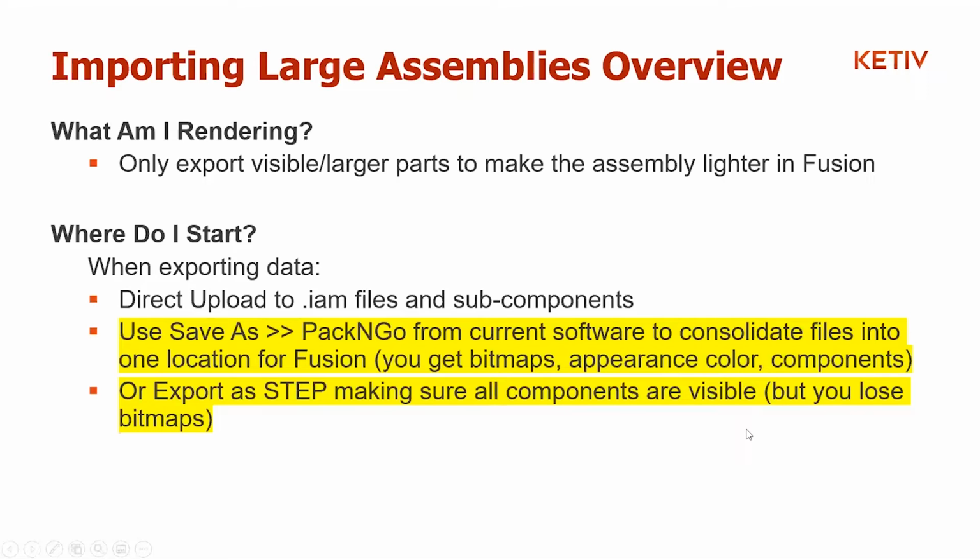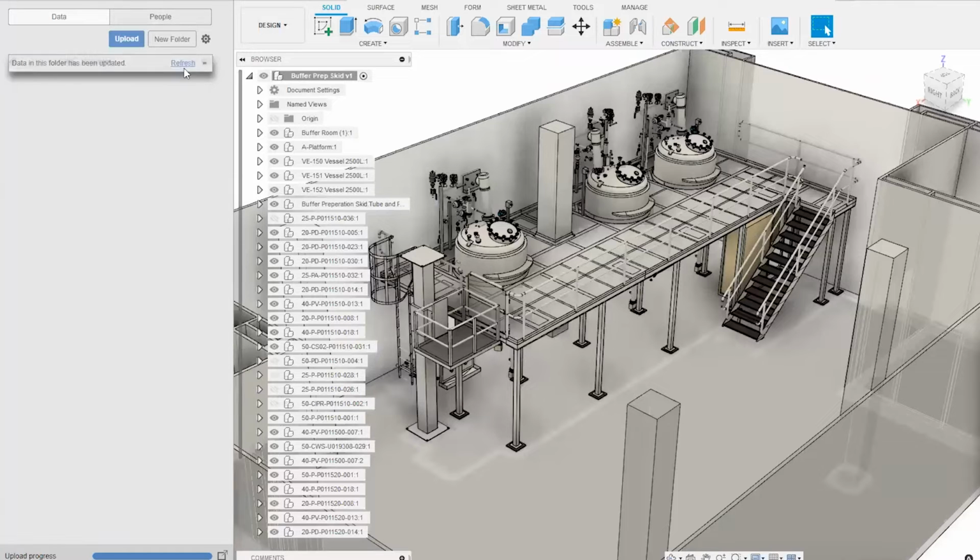You will lose bitmaps though when you do it as a step file. If that's important to you, then that's not an option for you. But if you don't care about the bitmaps, and I'll show you what those are, then you can use the step file. So this one just finished, which is great, awesome.